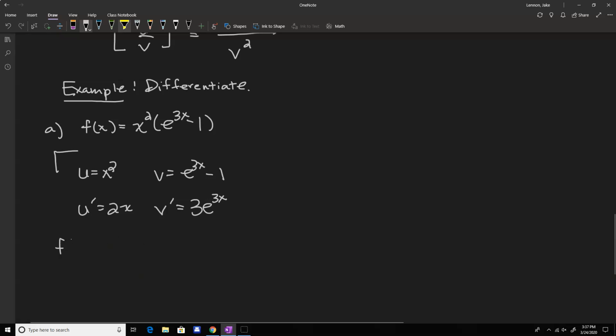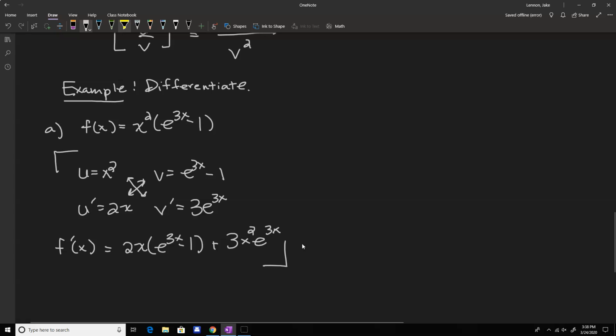So our derivative here, f prime of x, is going to be 2x times e to the 3x minus 1 plus, so again we're multiplying like this one and this diagonal. So x squared times 3e to the 3x. Normally what I do is I write the constant in front, so I would write this 3x squared e to the 3x, and I would just leave it alone like that. No reason to try to perform any simplification there.